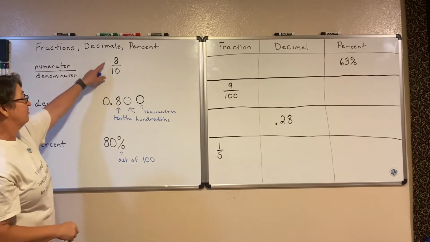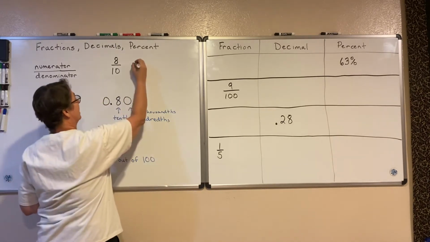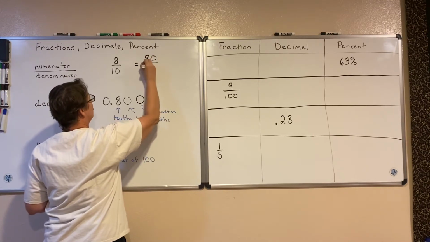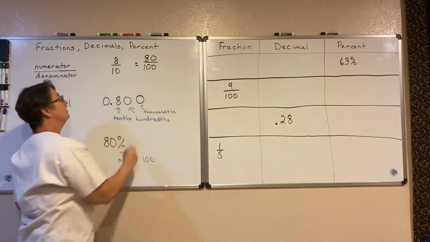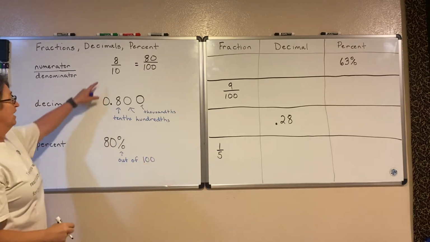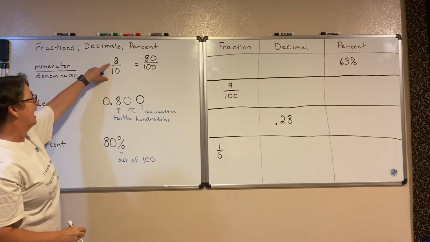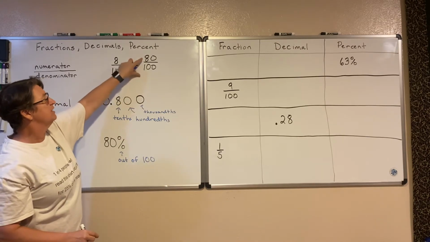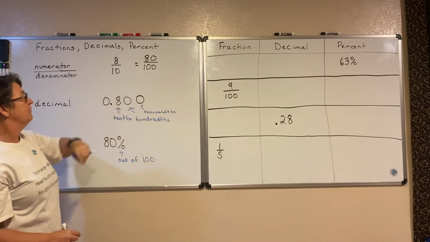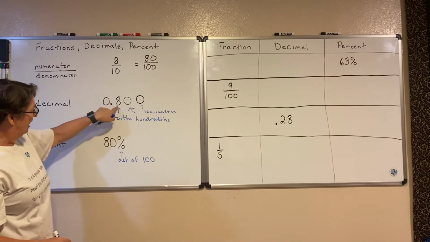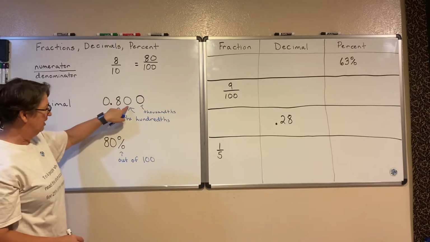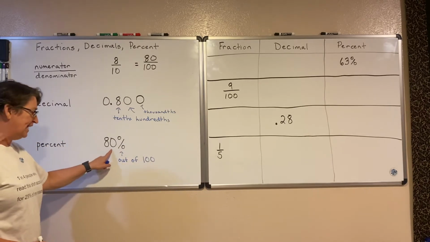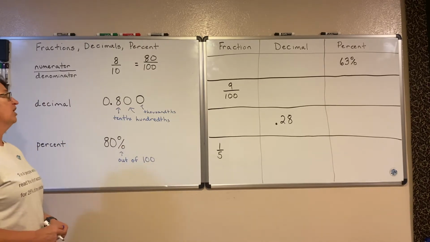But it turns out this 8 out of 10 is the same thing as 80 out of 100. These numbers are all the same. 8/10, 8 out of 10 is the same as 80 100ths, 80 out of 100. And that's the same thing as this 8/10 or 80 hundredths or 800 thousandths. And then 80% is always out of 100.